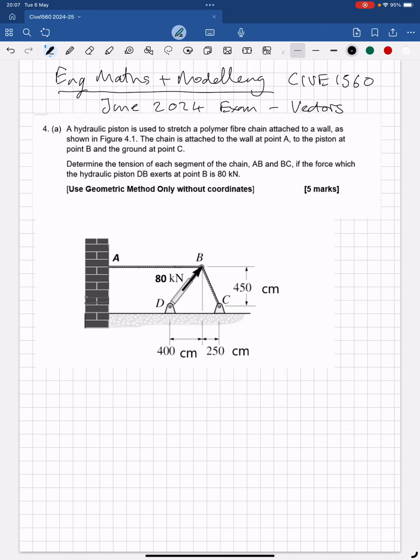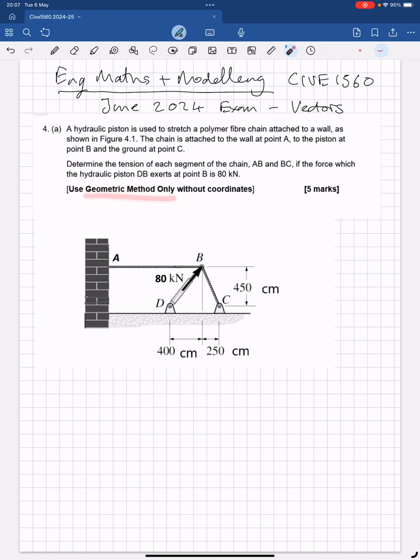So one thing that this question says, before we get into it, it says use the geometric method only. What this question is about is adding vectors.